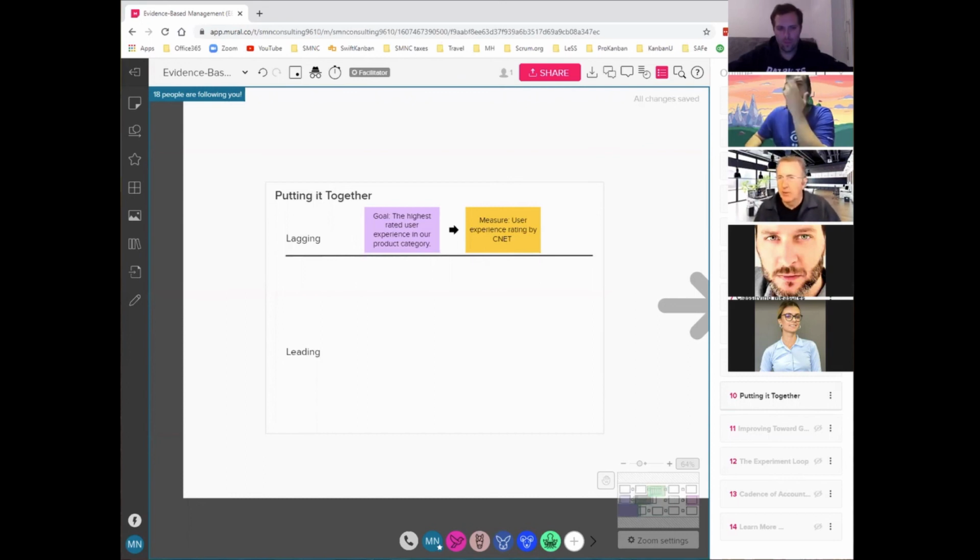So you can use your imagination just from your own experience. What might we measure that could be leading indicators to achieving that highest rated experience? So I'd ask you to, in the mural now, not in my shared screen, of course, if you could create sticky notes, just kind of brainstorm sticky notes that would represent possible leading indicators. Let's just spend a couple minutes thinking about that.